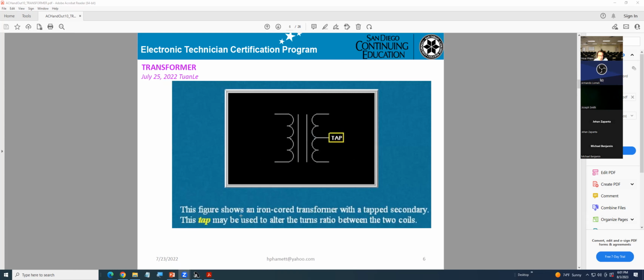This figure shows an iron core transformer with a tapped secondary. This tap may be used to alter the turn ratio between the two coils. Okay, that will be a center tap transformer.